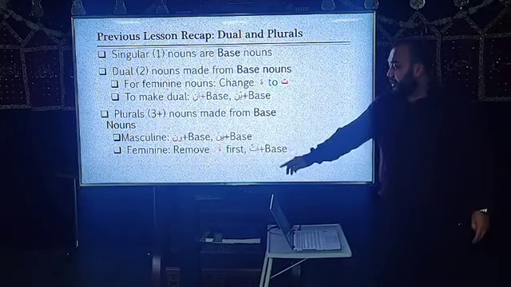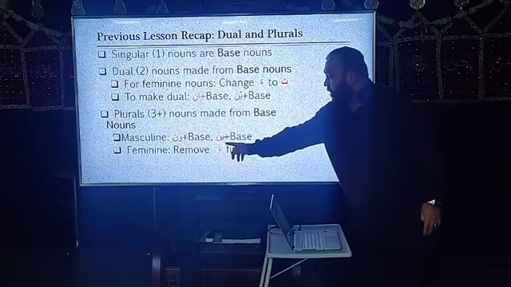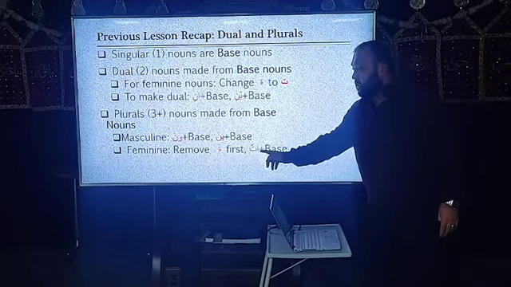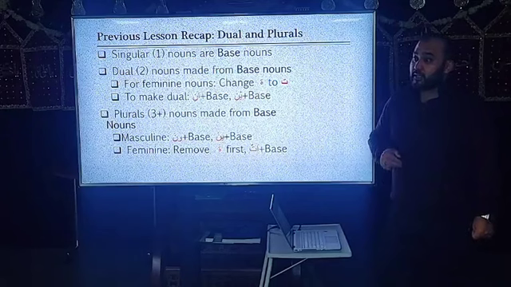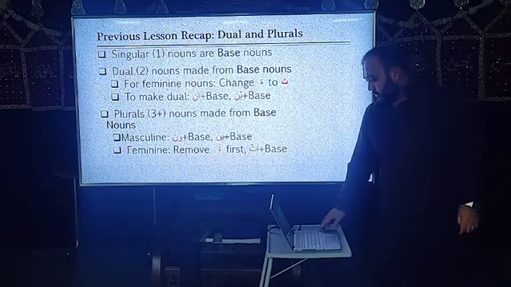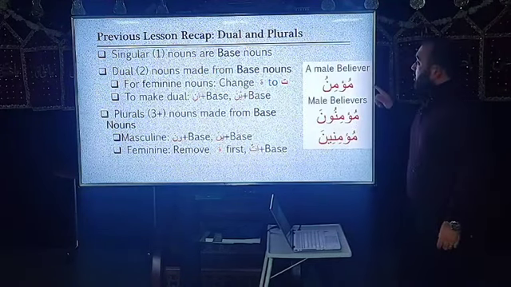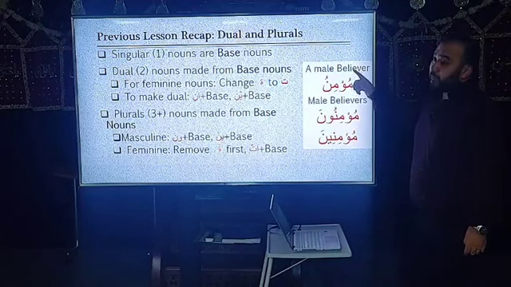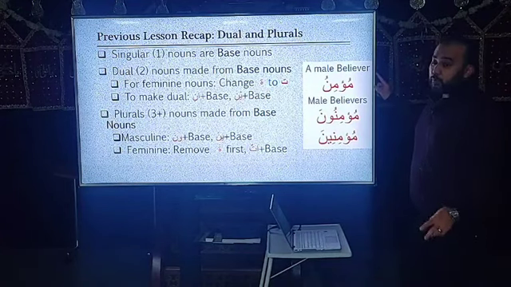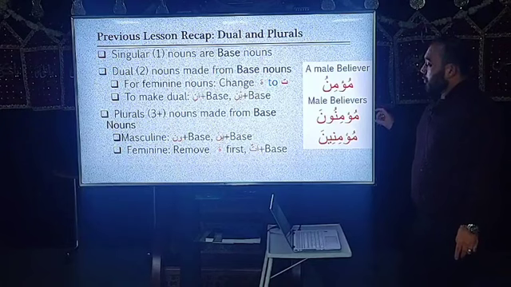And if it is feminine, you just remove the ta, you don't add anything else, and you add alif and ta at the end to make it plural. Example, mu'minun, a male believer, you can make it plural by either saying mu'minuna or mu'minina.